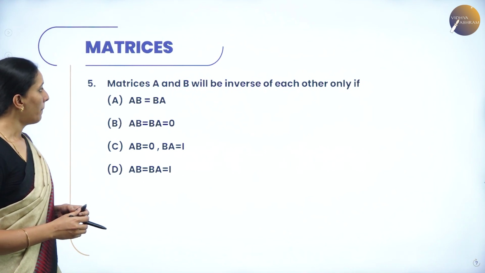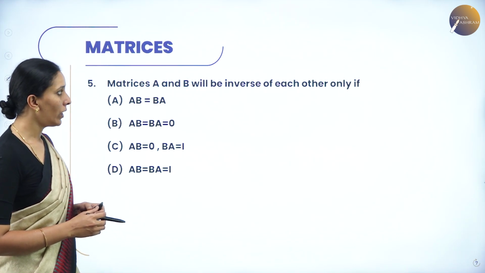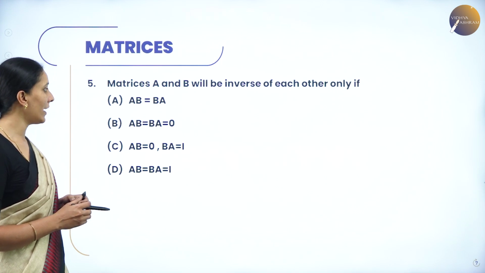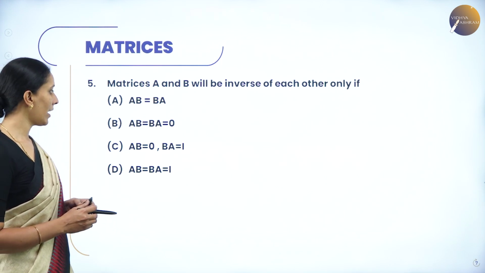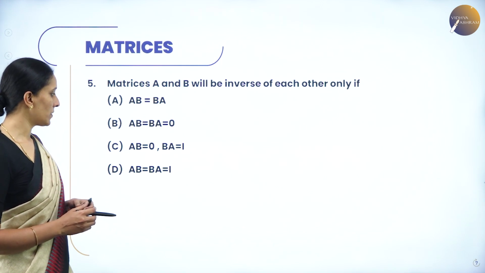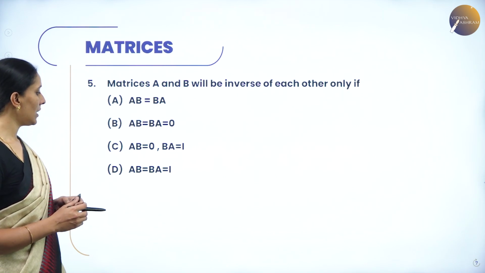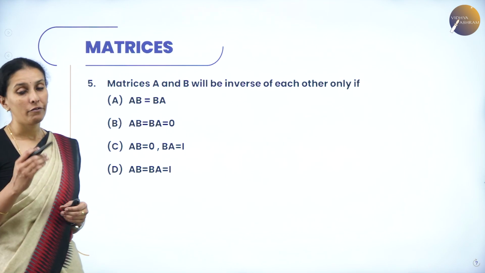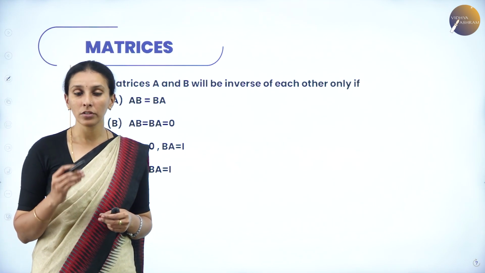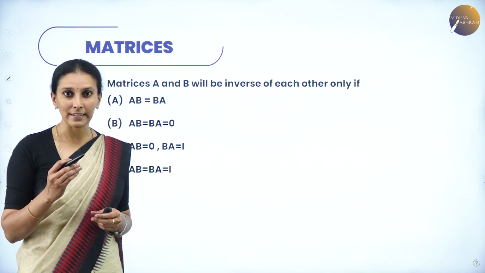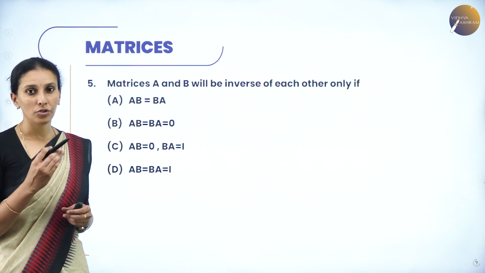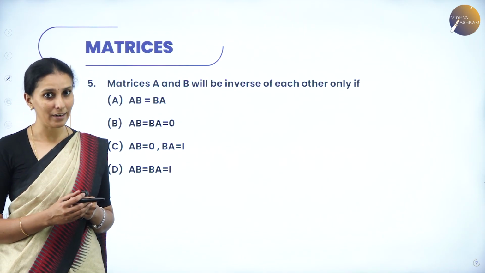Next, we have matrices A and B will be inverse of each other only if AB is equal to BA, AB, BA is equal to 0, AB equals 0, BA equals I, AB equals BA equals I. We know from relations and functions, inverse of a function exists if the composition of 2 functions gives you the identity function.